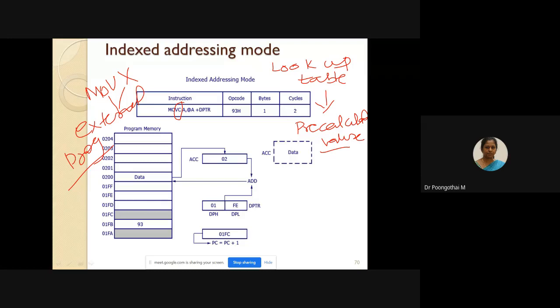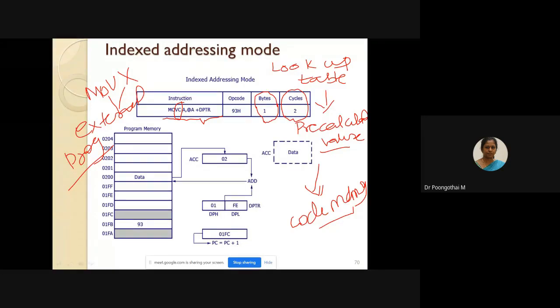So we need pre-calculated values stored in code memory. During execution of the program, the code memory data elements can be accessed using this instruction: MOVC A, @A+DPTR. This instruction takes 1 byte of memory and requires 2 machine cycles.